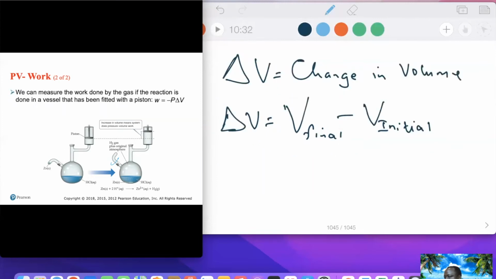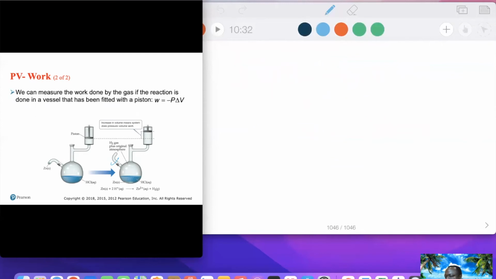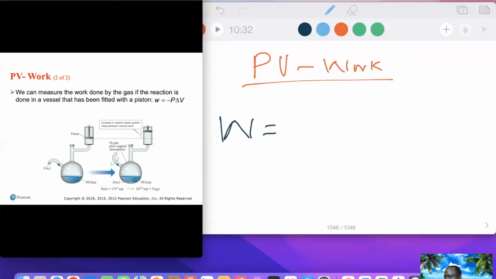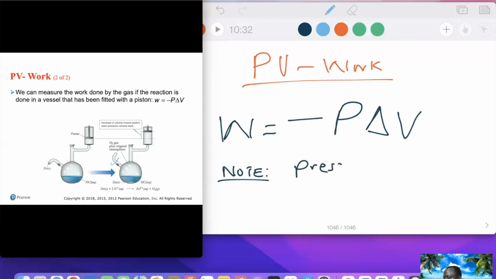And this is the equation, PV work, all right? For PV work, you'll calculate work, which is always given by negative pressure times change in volume. Note, pressure is always in atmospheres.